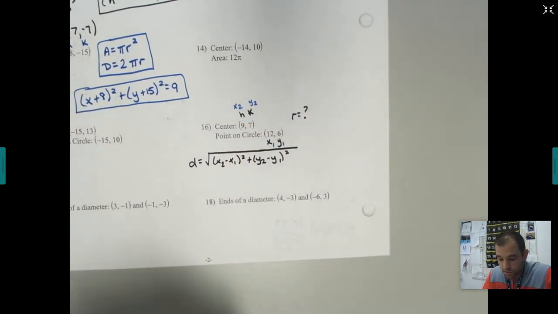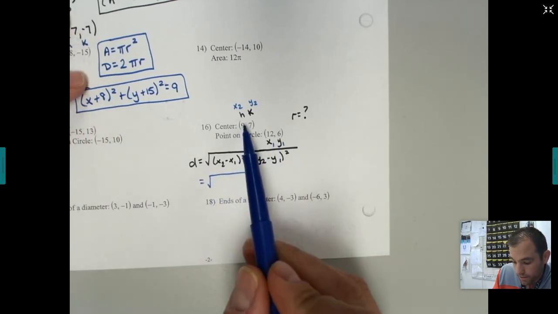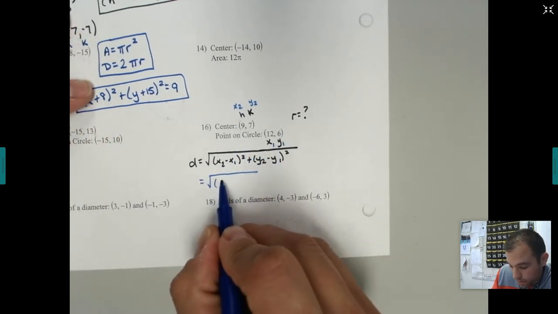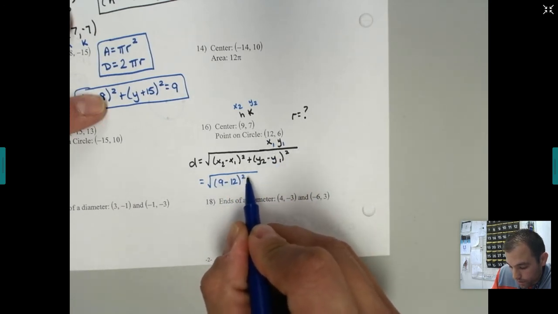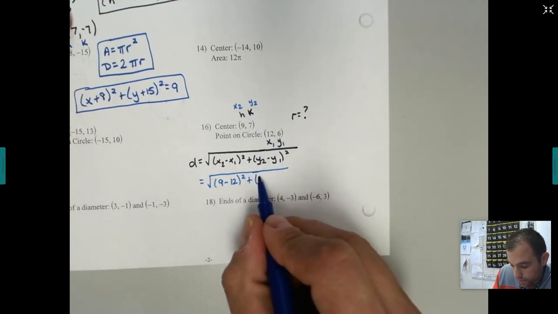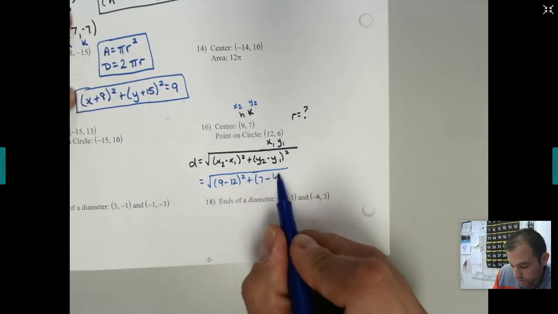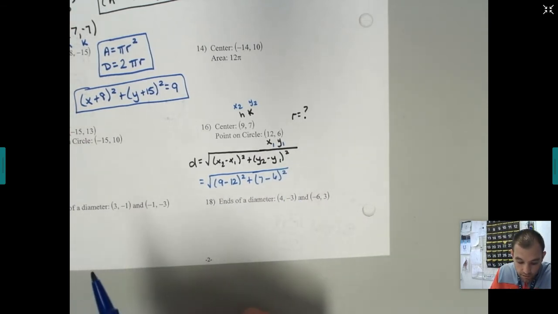Just be consistent. So if I plug it all in, x2, I said it was 9, minus x1, which is 12, squared, plus y2 is 7, minus y1, which is 6, squared. And then we're going to solve this thing.